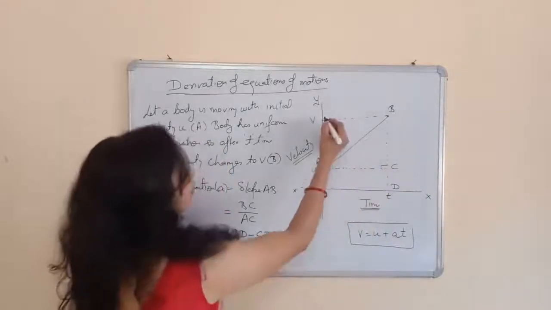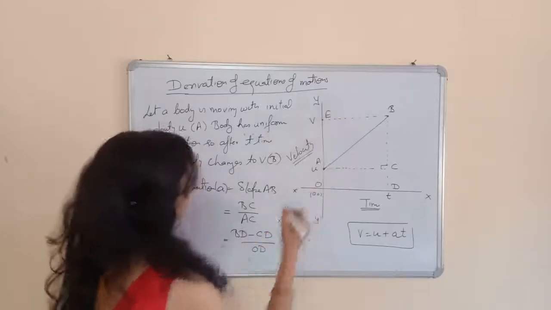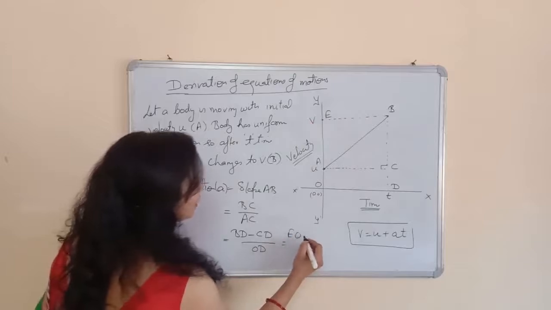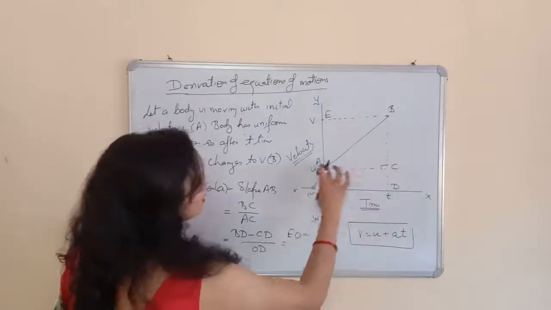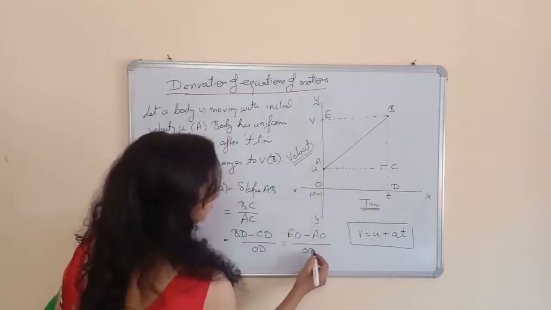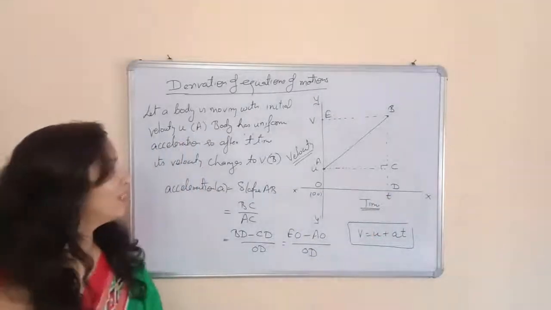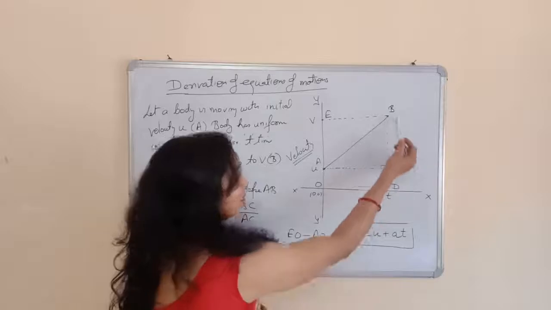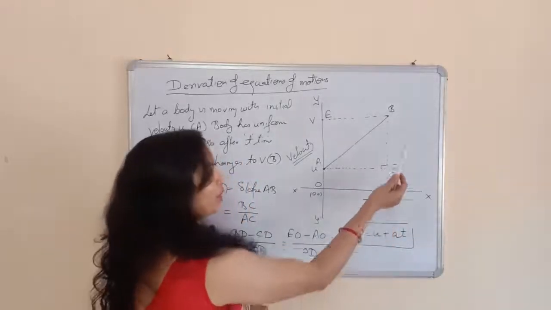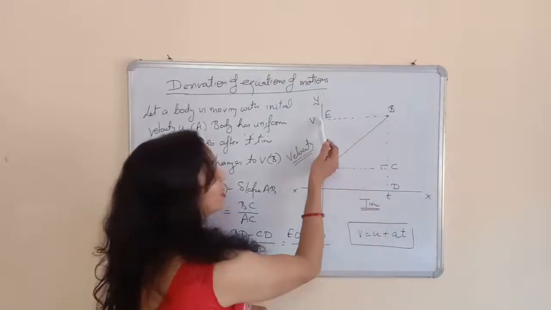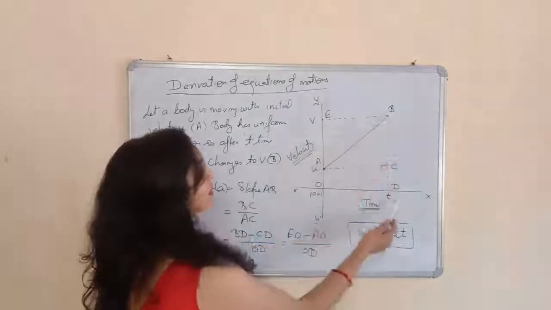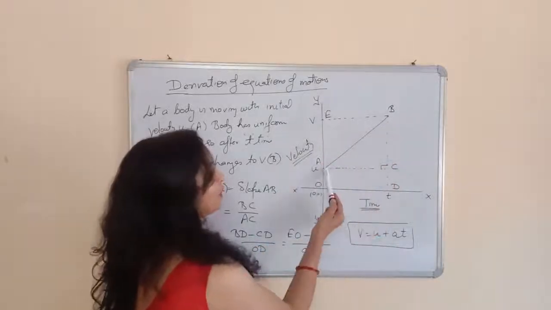I am representing this point as E. So we can say that BD is equal to EO, and CD is equal to AO upon OD. Again, it should be clear that this length is BD minus CD. You can write BD is equal to V and CD is equal to U. Or you can say that BD is equal to EO and CD is equal to AO.